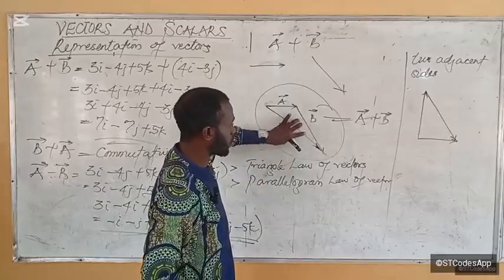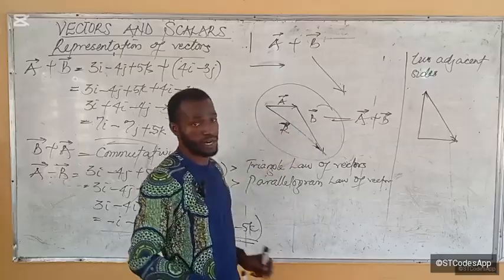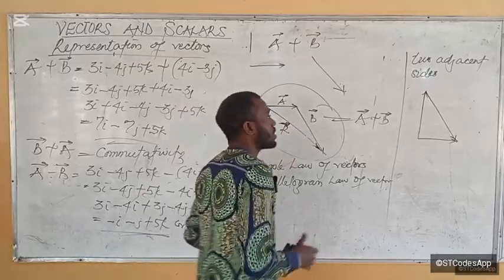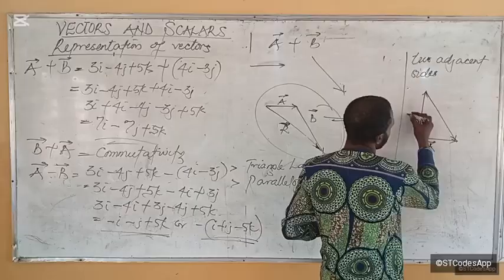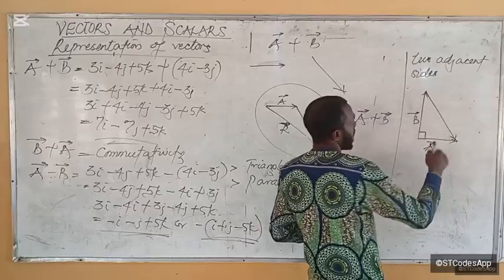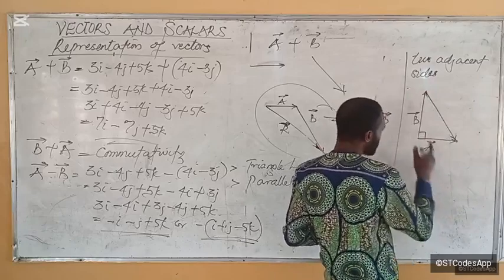Let me state that again. If the two adjacent sides of a triangle are represented in magnitude and direction, the resultant of the two vectors is the magnitude of the third side of the triangle, which is the hypotenuse.